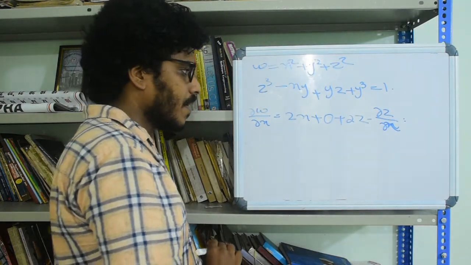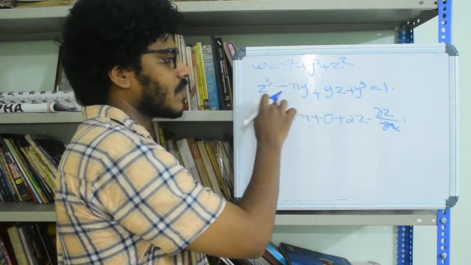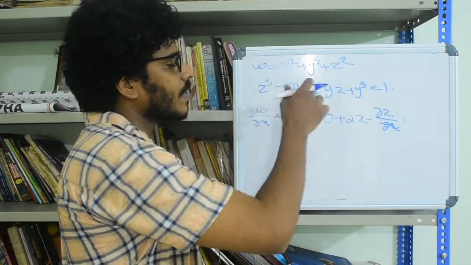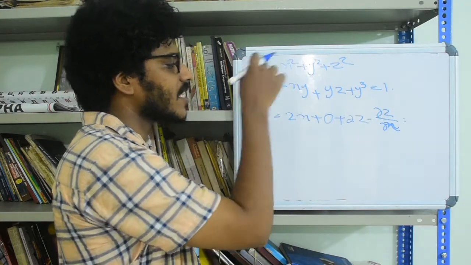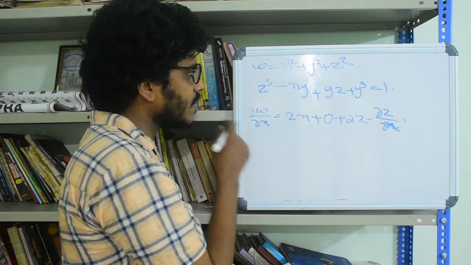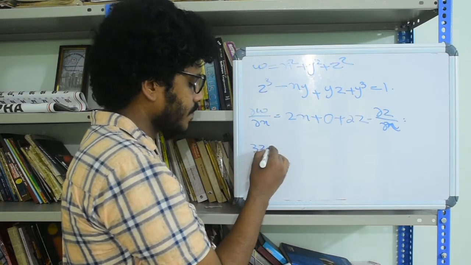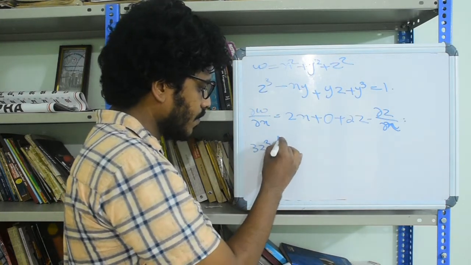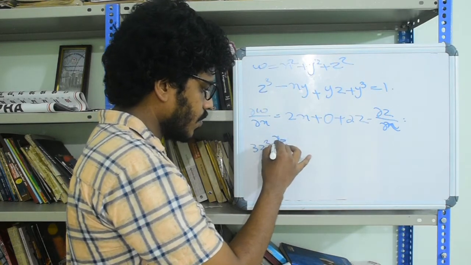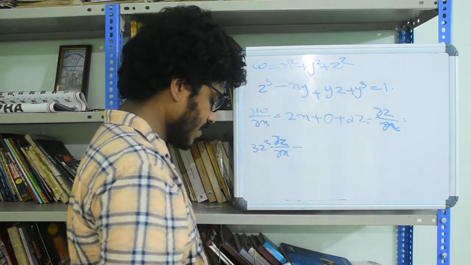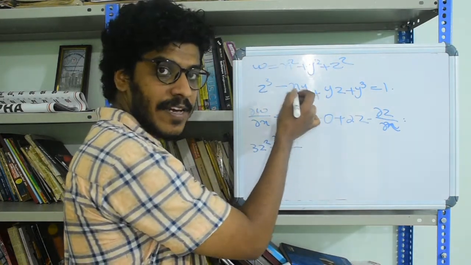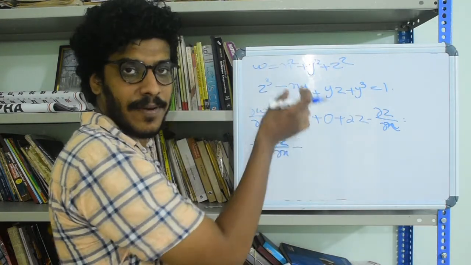Right. Now use the second expression, the constraint, to find dou z by dou x. Conduct the implicit differentiation with respect to x on the constraint. So let's consider 3z square into dou z by dou x, minus y. Y is an independent variable, so y does not depend on x; it may act as a constant.